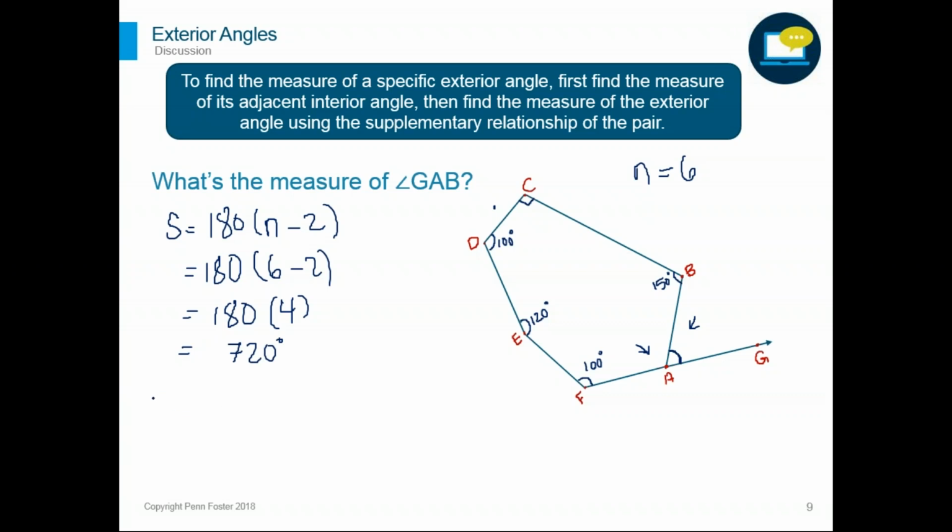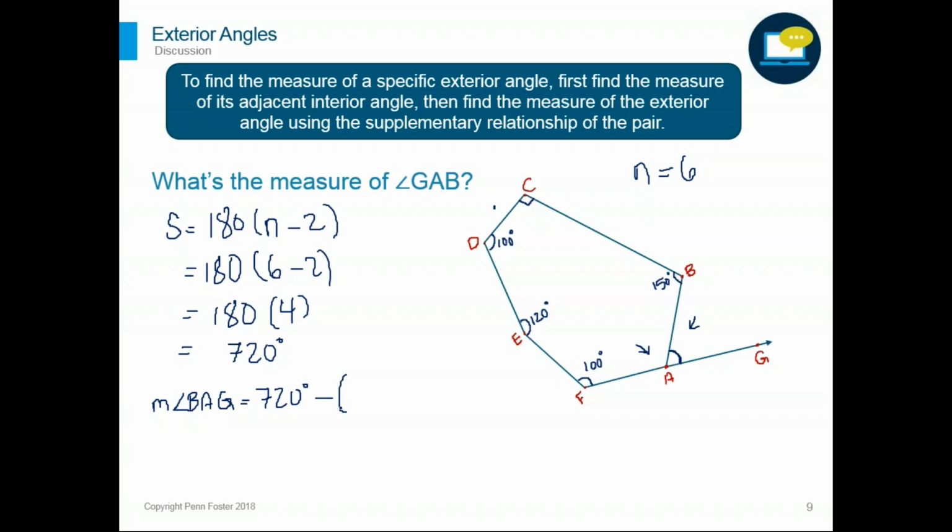Now, if I am able to do subtraction, I'll be able to find the measure of this angle. So measure of angle, that's the interior one now, BAG, equals the sum, 720, everything inside the interior, minus the known angles.